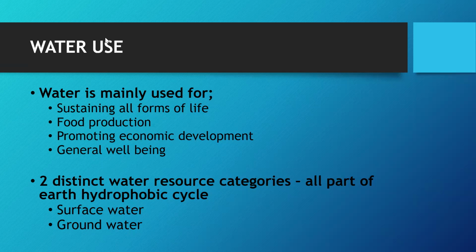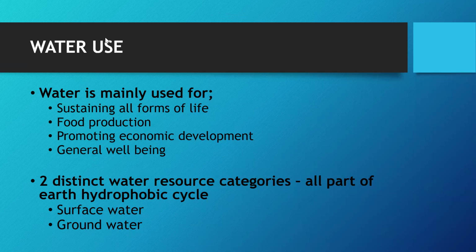Then promoting economic development. The easiest example I can give is whereby people use this water to gain income, like we've already seen in villages or in areas where there is scarcity of water, people selling water and generating income from it.